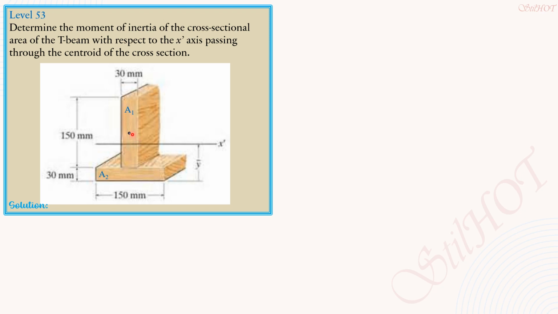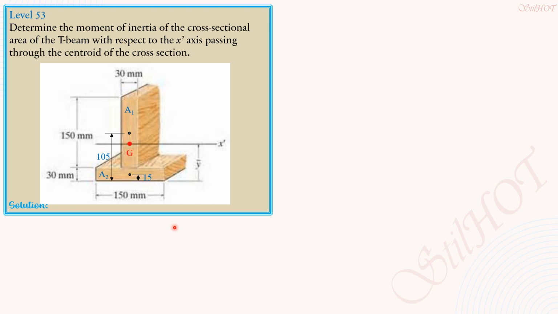So this is the centroid of area 1, and its centroid is from the base, from the bottom, half of 150, 75 plus 30, so that's 105 mm as labeled in the figure. The centroid of area 2 is here, so of course its distance from the bottom is half of 30, 15 mm as shown in the figure.